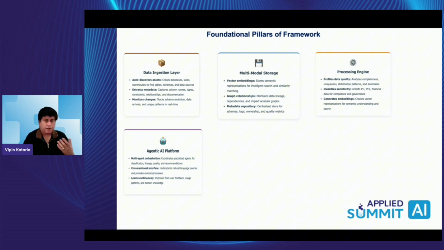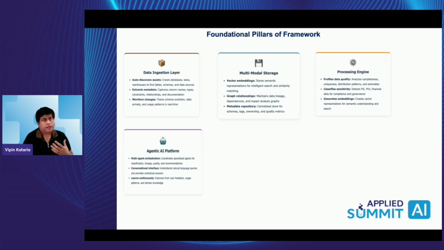For example, given a certain query from the customer, it can actually orchestrate multiple agents, which are themselves maybe built on top of, let's say, MCP, and then it basically coordinates across all these agents, and finally brings the result and gives it back to the user. It will have some conversational interface, more like from a natural language perspective, and then it learns continuously.